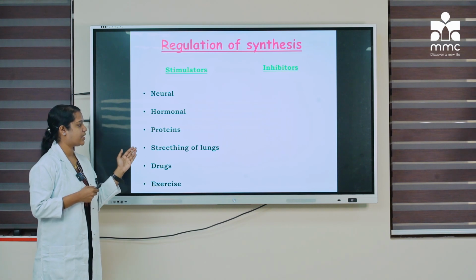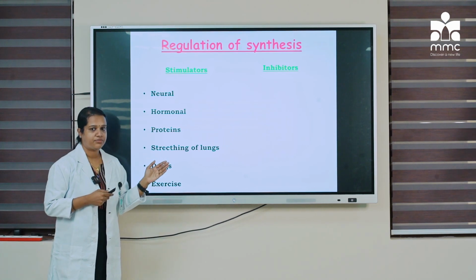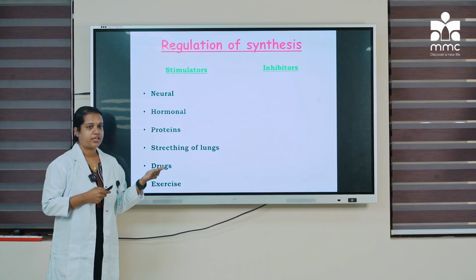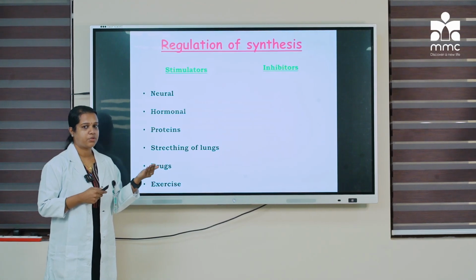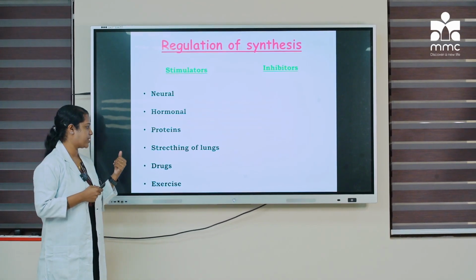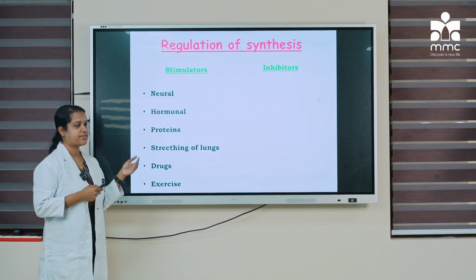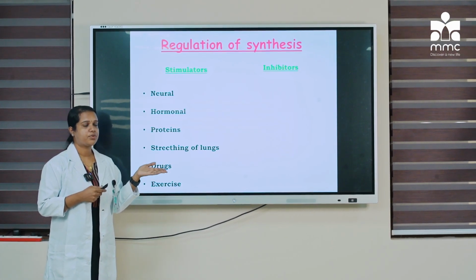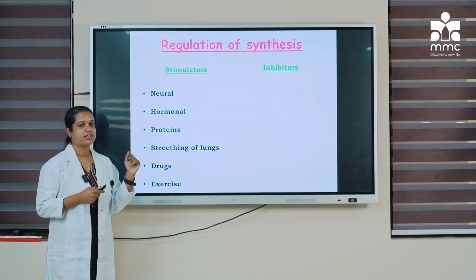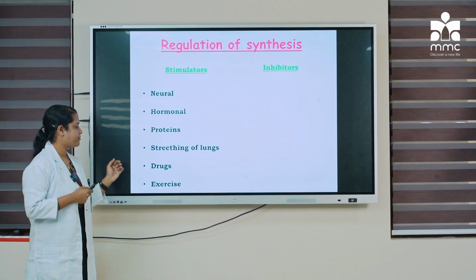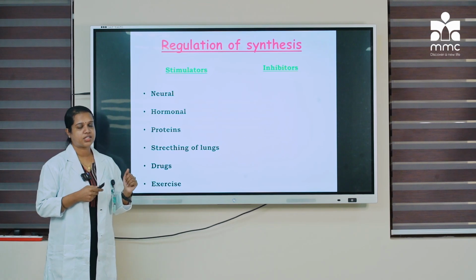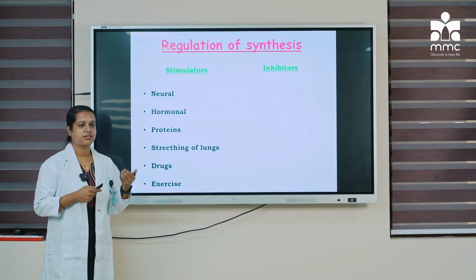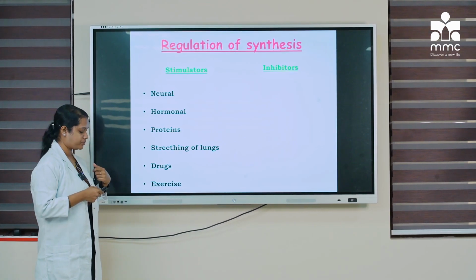Then stretching of the lungs, like in case of hyperinflation, like when a person is yawning or sighing, this in turn can stimulate the synthesis of surfactant. Then drugs, for example, beta adrenergic drugs and calcium stimulants are a few examples which can enhance the surfactant synthesis. And finally, exercise is a physiological condition which can stimulate the surfactant synthesis.